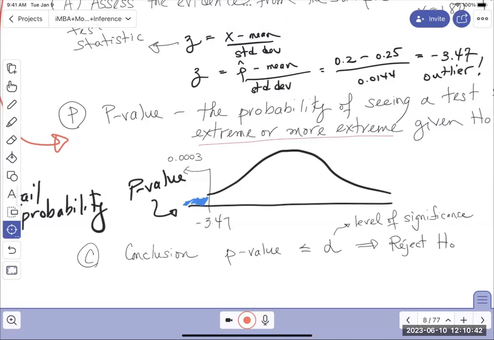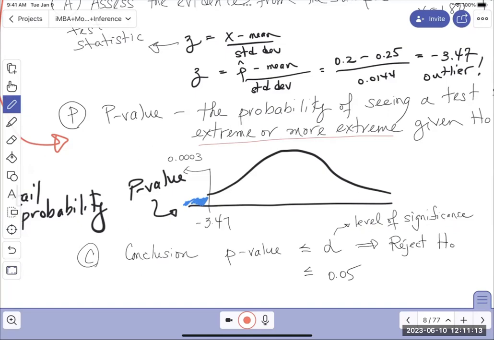Like who establishes that? What is the standard for rare or unusual? Usually 95% confidence, it would be 0.05. So we have a standard that we usually use, and if you're not given a level of significance, you use a 5%.